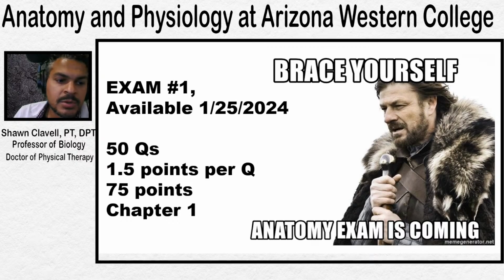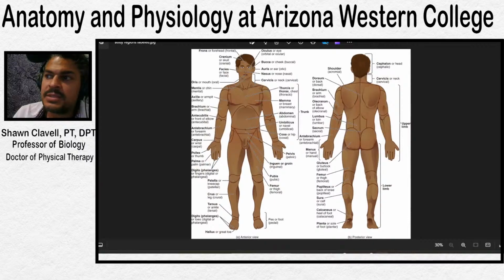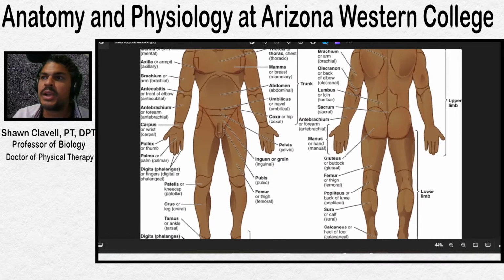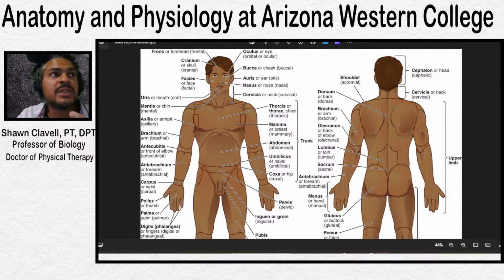Actually, let's just go to pictures. There's also a list of these anatomical terms in your outline, but this is the reference that we're going to be looking at, practicing in as many different ways as you can, whether it's using flashcards. That's a common way to work on some of this rote memorization.